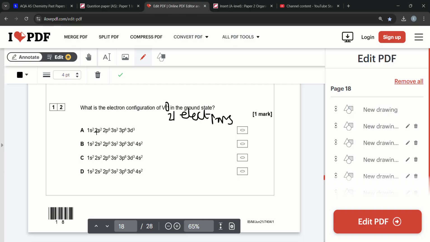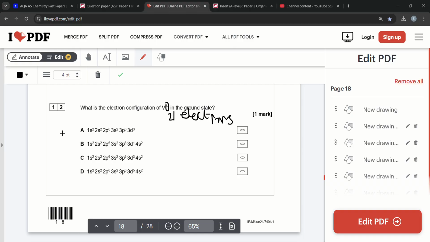If we add these up for A, 2 plus 2 plus 6 plus 2 plus 6 plus 3, that's 21 electrons. Option B, 2 plus 2 plus 6 plus 2 plus 6 plus 1 plus 2, that's 21.